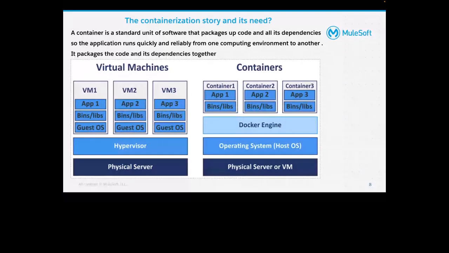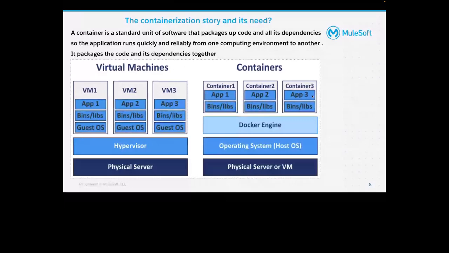So your container could be probably just that. You have all your grocery in it, and it just comes to your door, and what you have ordered need not be what your neighbor has ordered. The same benefit your container gives you: one container could be running your Java application, the other container could be running maybe a Mule application, the third one some Node.js application or a Python application.